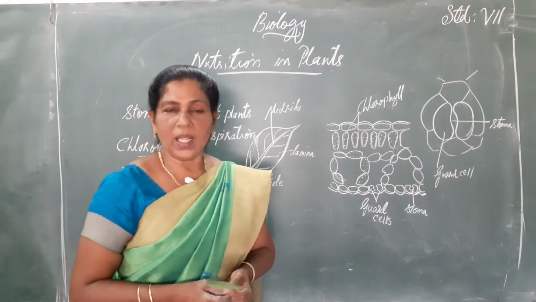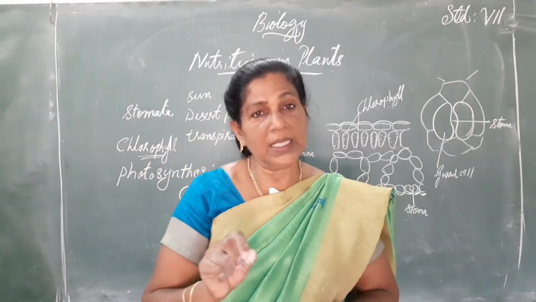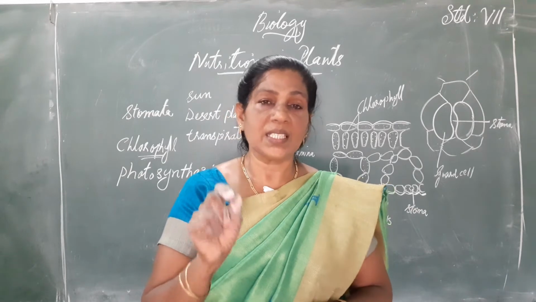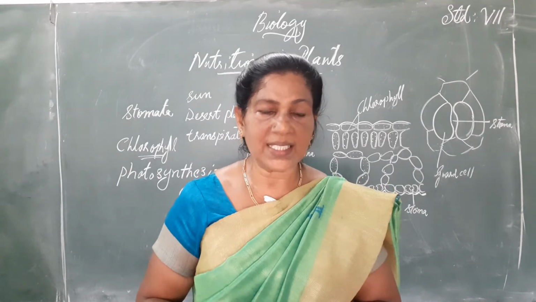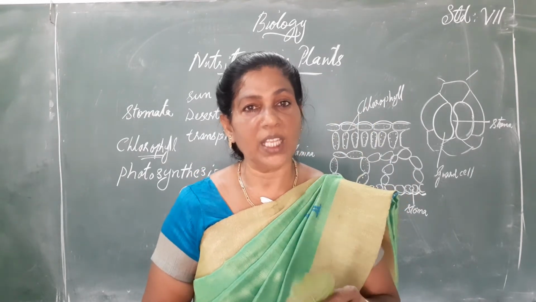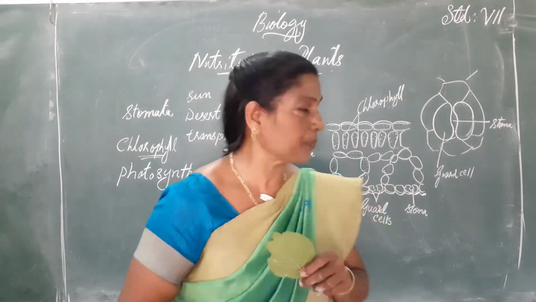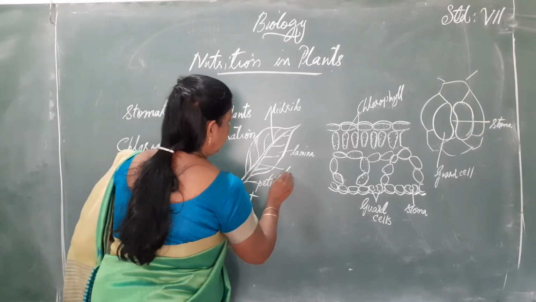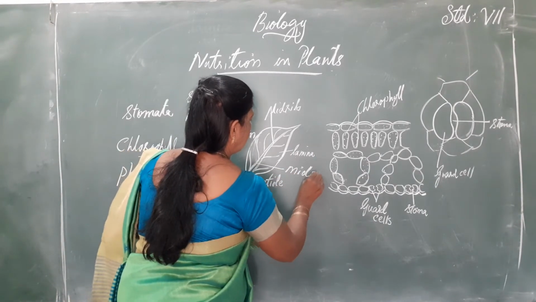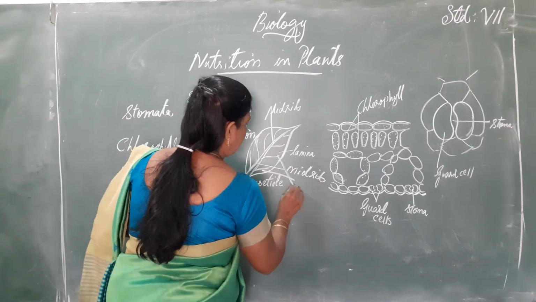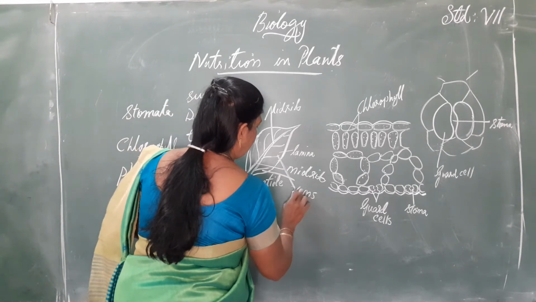The materials necessary for photosynthesis get inside the plant body through these tubes, the midrib and veins.